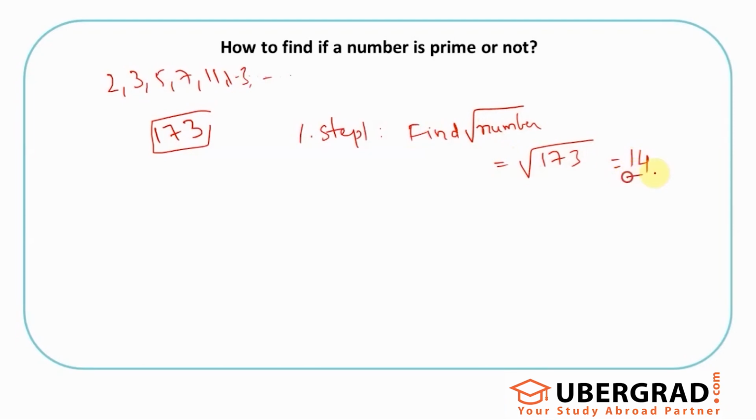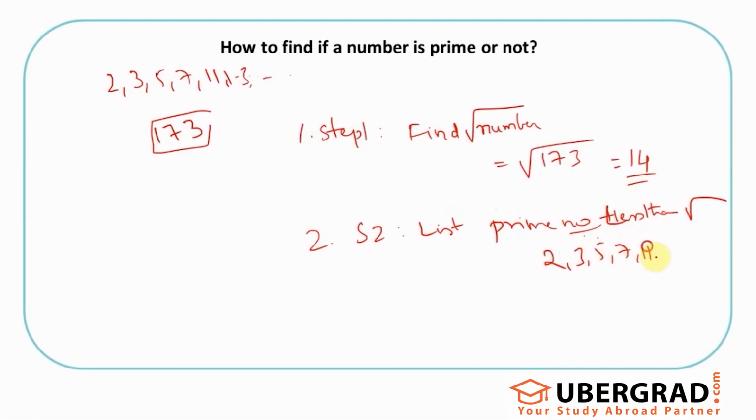So I'll go with the bigger number; it's good to go with the bigger number. Now list the prime numbers less than the square root we found, so less than 14 in this case. So 2, 3, 5, 7, 11 and 13. These are the prime numbers I have.